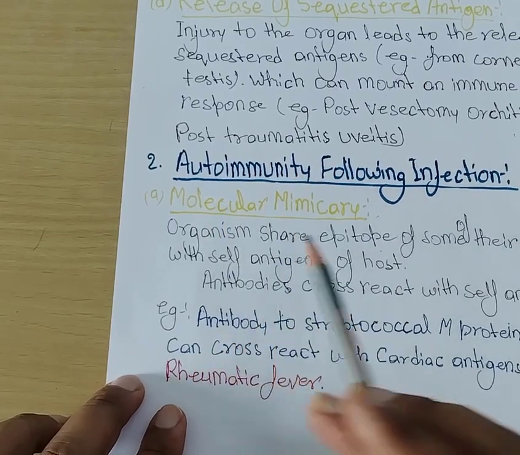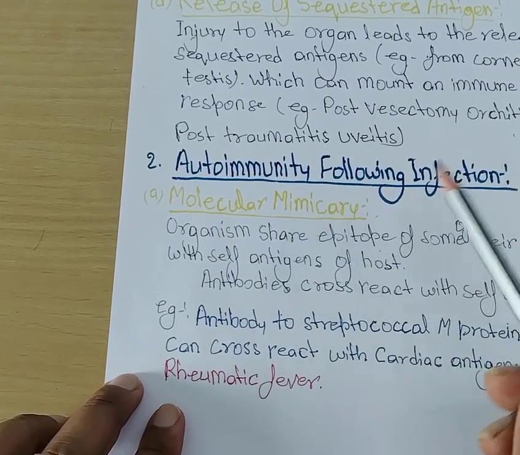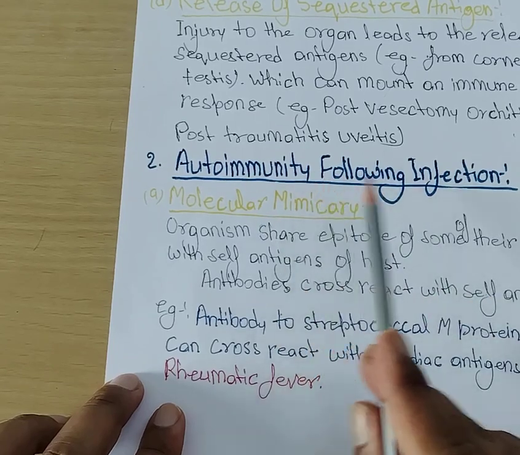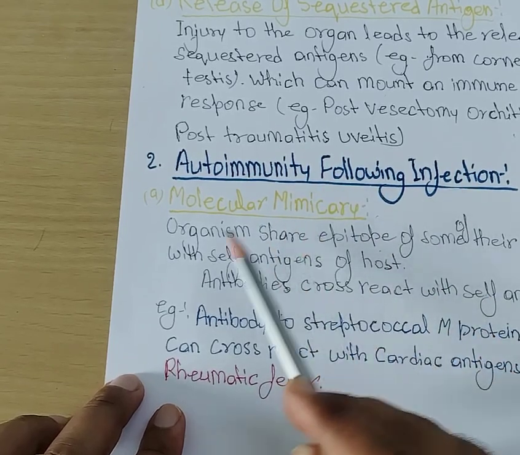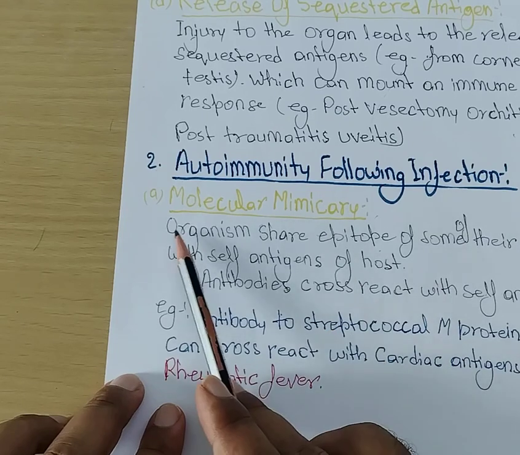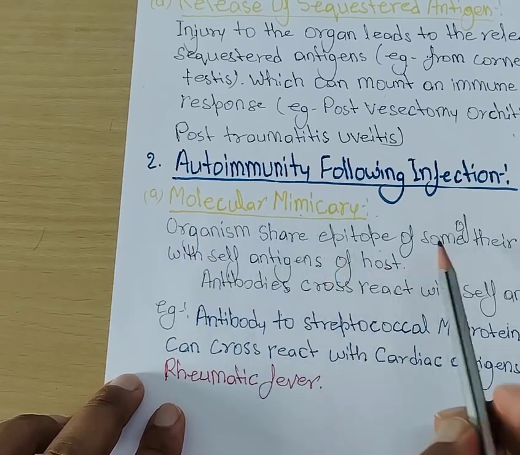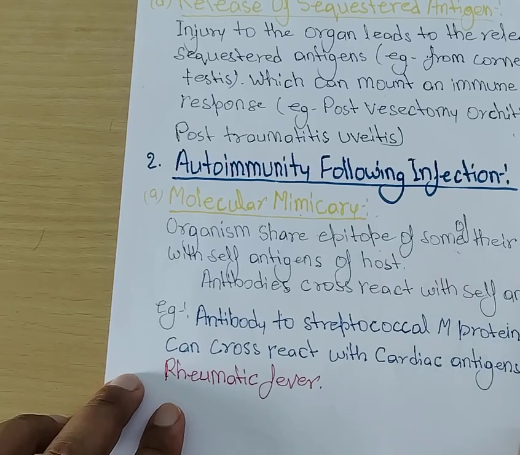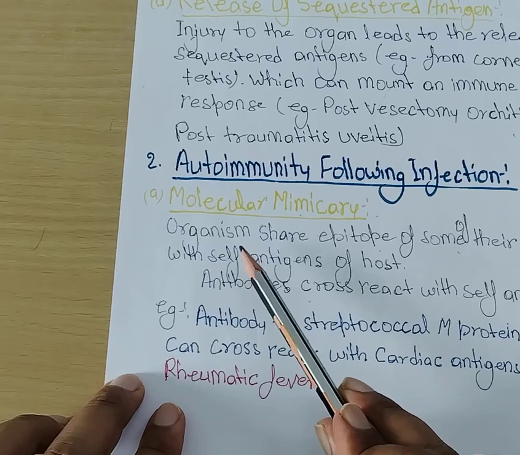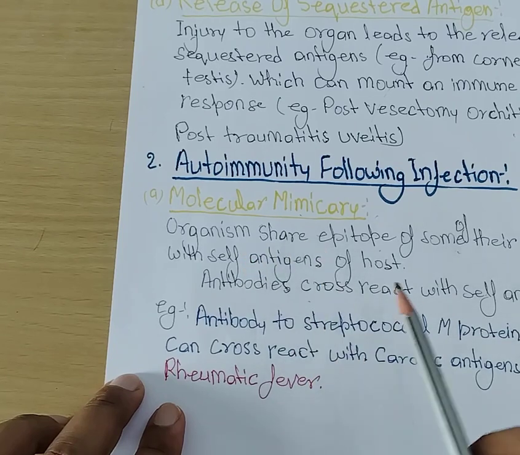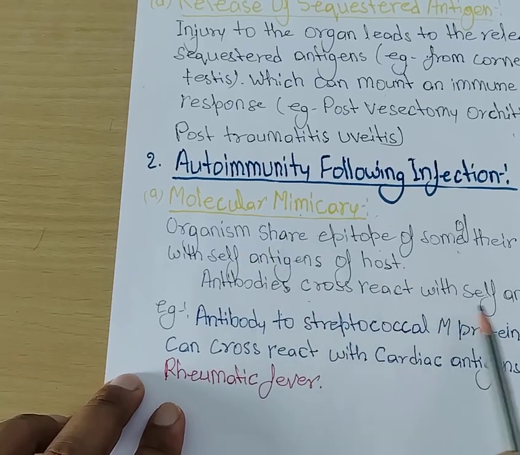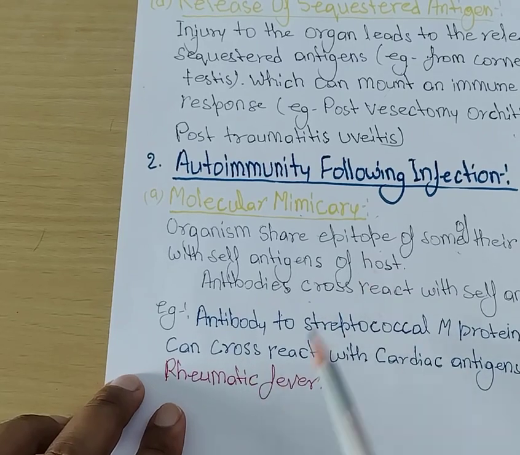The second reason for the generation of autoimmunity may be following infection. The first cause is molecular mimicry. Organisms share epitopes of some of their antigens with self-antigens of the host. Antibodies generated against the causative infectious organism cross-react with the self-antigen.